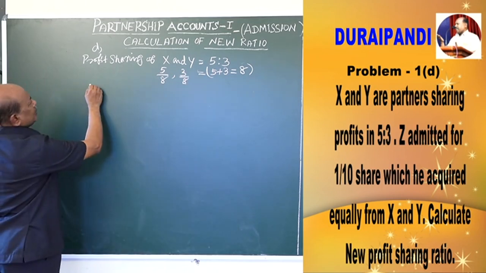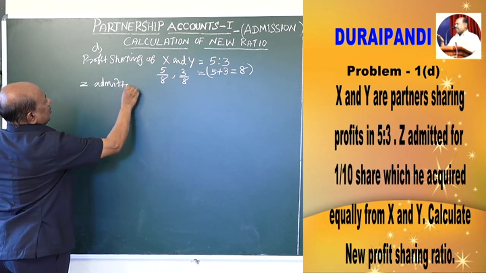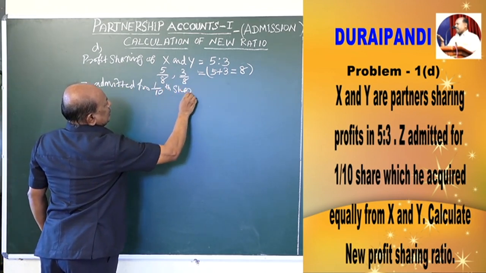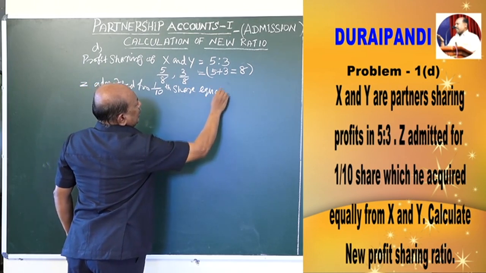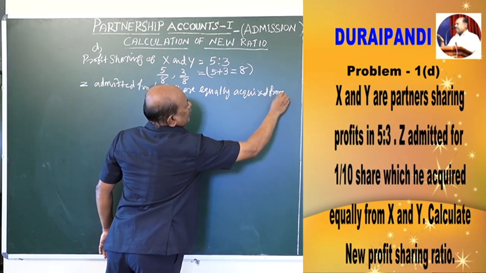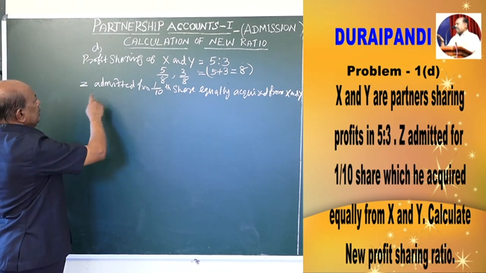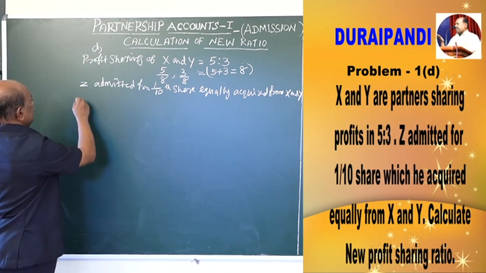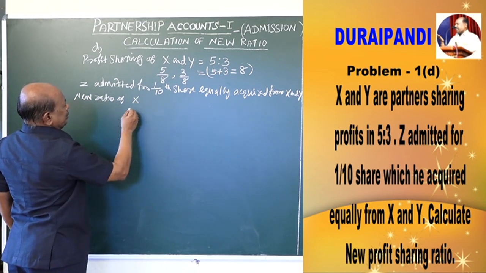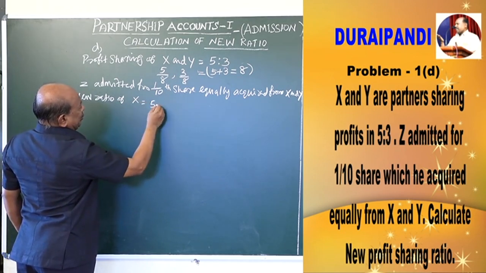Now Z is admitted for 1/10, acquired equally from X and Y. Now we have to calculate the new ratio of X, Y and Z. New ratio of X. His share of profit was 5 by 8.